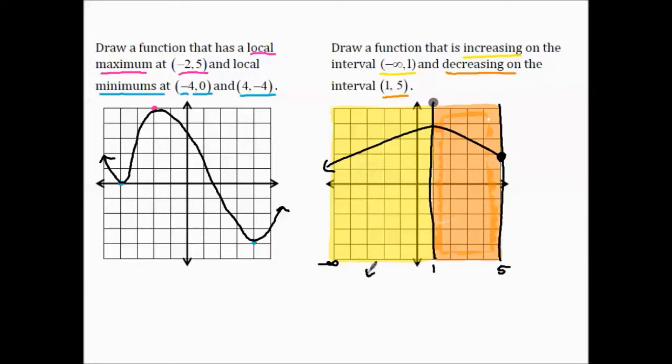You could have one like this. You could have one that's very flat. Okay, there are infinite answers as long as you are increasing in the yellow section and decreasing in the orange section, and then stop where you need to stop.